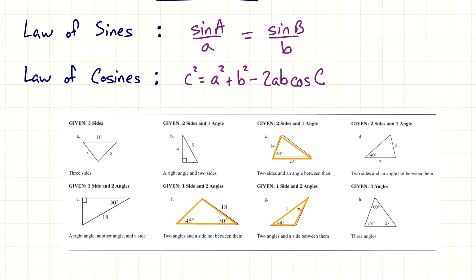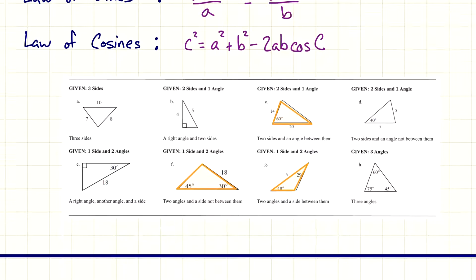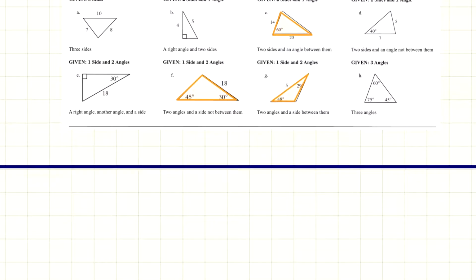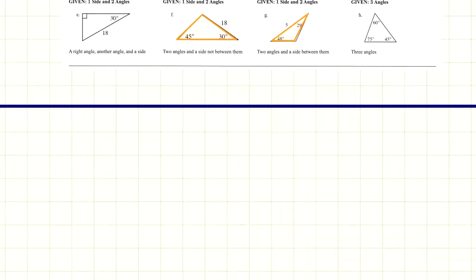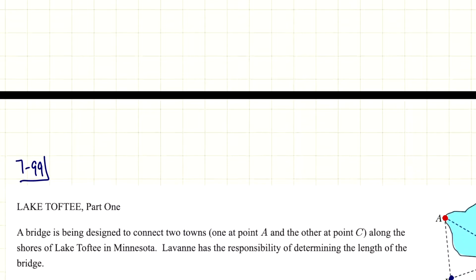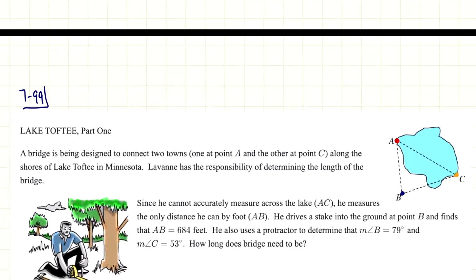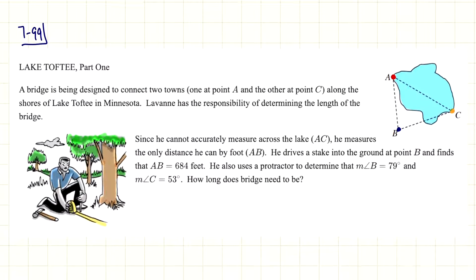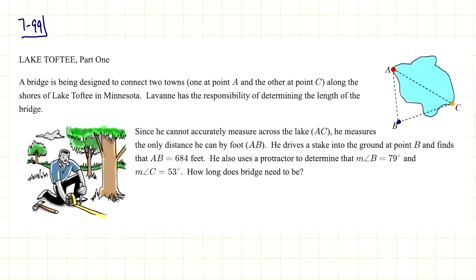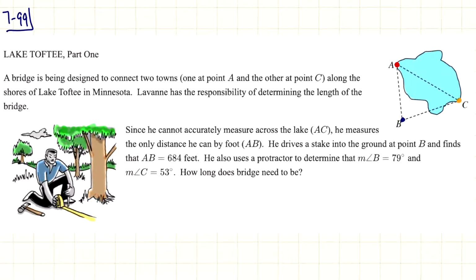All right, and assuming all the other ones have right angles, you should be using either the Pythagorean theorem, trig, or special right triangles. So today's lesson, I'm going to go over 3 problems, and these are straight from the book. I actually want you to try to work these out first and see if you can come up with an answer.